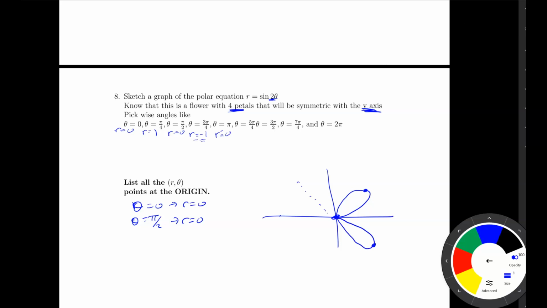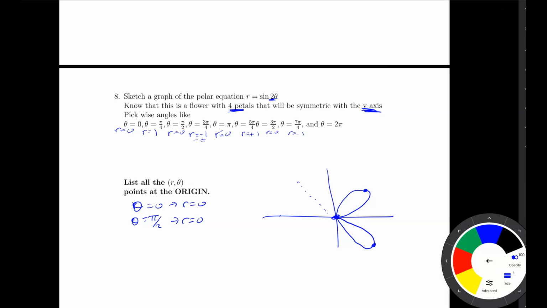So angle 5 pi over 4 gives sine of 5 pi over 2. Hold on a second, 5 pi over 2 is like pi over 2. Sorry, it's positive 1. Then angle 3 pi over 2, which would be like sine of 3 pi, that'd be 0 again. And this would be 7 pi over 4, so sine of 7 pi over 2, this would be a negative 1. Okay, here we go.